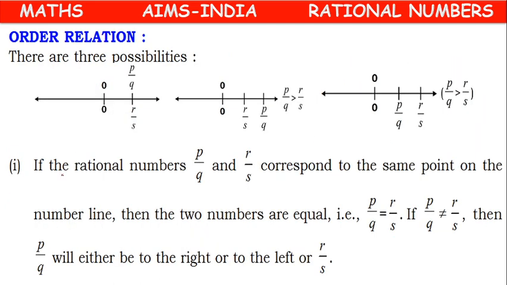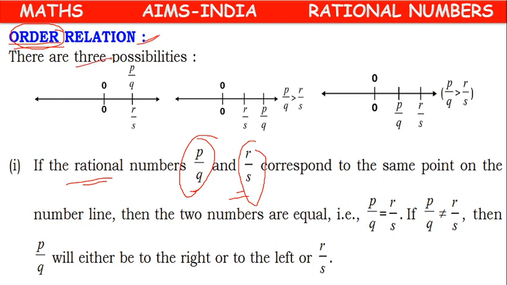Here, if the rational numbers p/q and r/s are given, between the rational numbers there exists some kind of order relation. How many kinds of order relation exist?